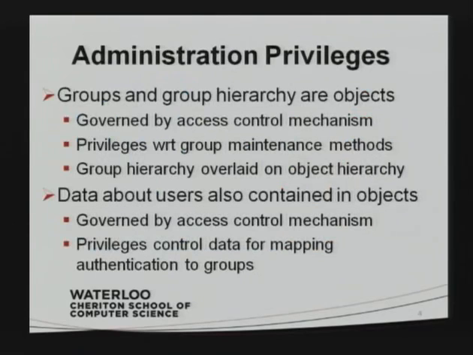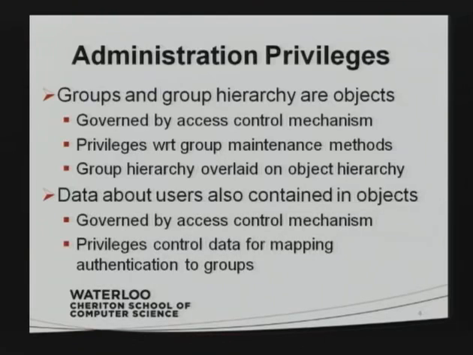Privileges themselves, as I said, have to be administered. So somehow we have to figure out who gets the right to grant the privileges to other people, and how does this all work together? Well, the groups and the group hierarchy are themselves objects, so they are also stored in the system. So we're going to use the same access control mechanism to control the groups, who are the members of the groups, and what are the privileges that are assigned to the various groups.